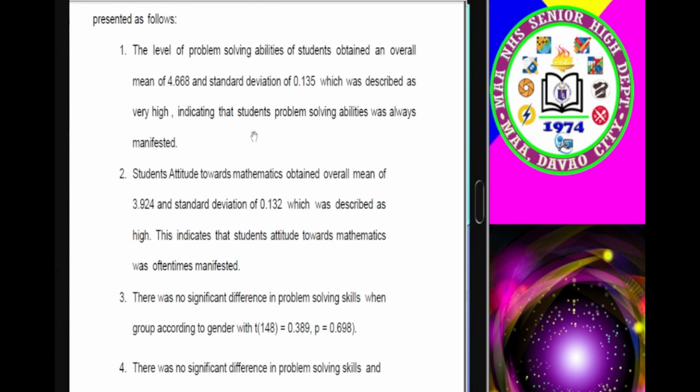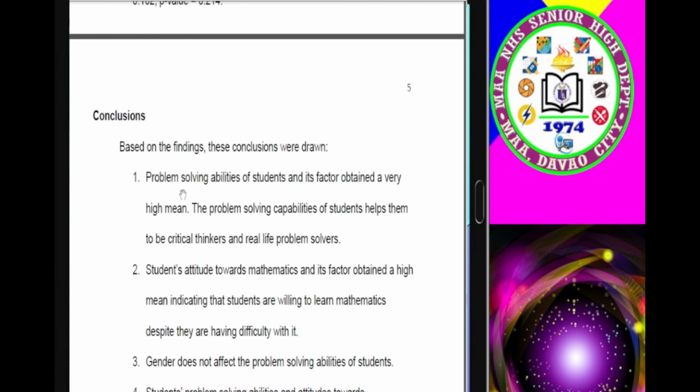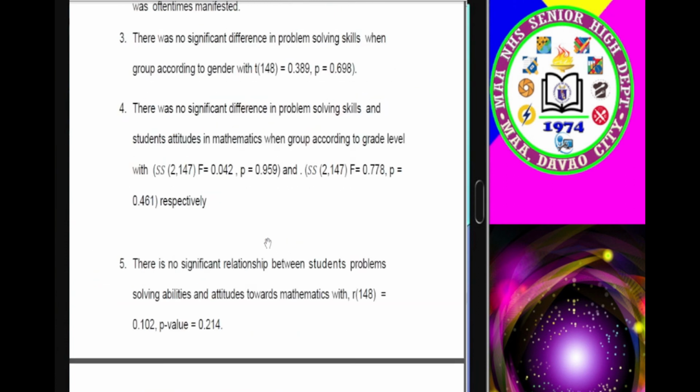Since it's very high, you can have your conclusion in this form. Problem solving abilities of students and its factors obtain a very high mean. Therefore, the problem solving capabilities of students help them to be critical thinkers and real life problem solvers. That is our conclusion based on finding number 1.